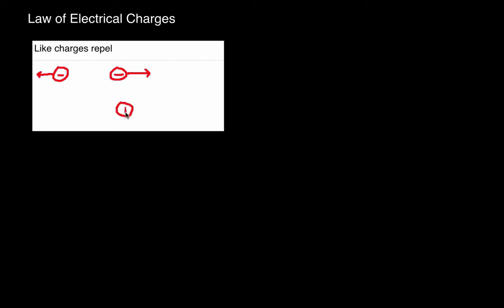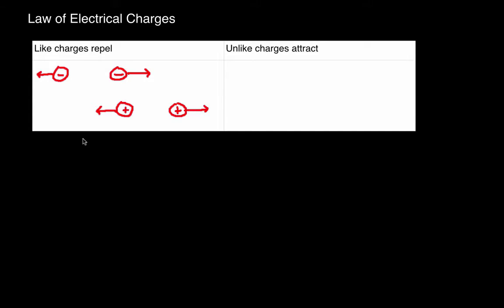Similarly, if you bring a positive charge near a positive charge, they will experience a repulsive force away from each other. The law of electrical charges also tells us that unlike charges attract. If you have an overall positively charged object and an overall negatively charged object and you bring them near each other, they will experience an attractive force pulling them towards each other.